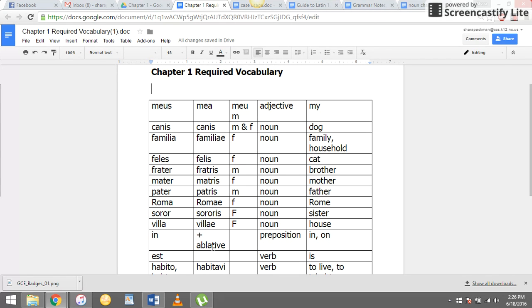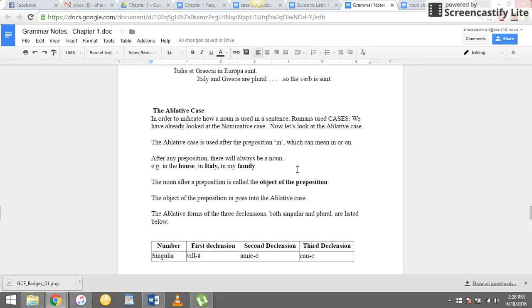The reason it says plus the ablative is because whenever you use the word in, the word after it has to be in the ablative case. Doesn't matter what that word is. In the sky, in my hand, in your face, it doesn't matter. That word has to be ablative that comes after in. So the only way that you are going to see the ablative in chapter 1 is after the preposition in.